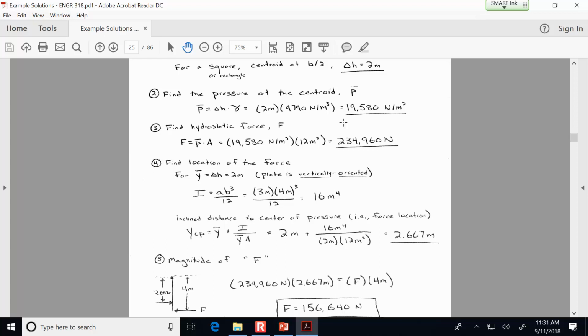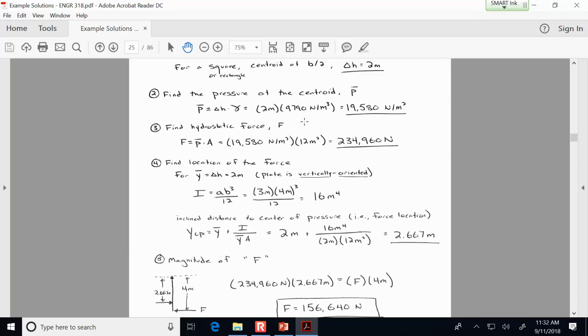Y bar is 2 meters, and we're multiplying that by our area of 12 square meters. So that's 2.667 meters. So that's the distance from the surface down to where the force is located.